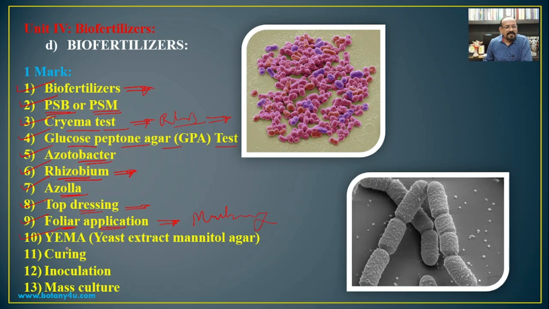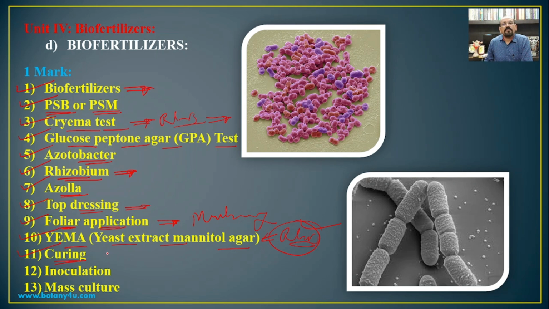Then the next one is YEMA, that is the yeast extract mannitol agar. Here microorganisms like rhizobium are grown on YEMA and it can be identified whether it is rhizobium or agrobacterium. Then the next one is curing.